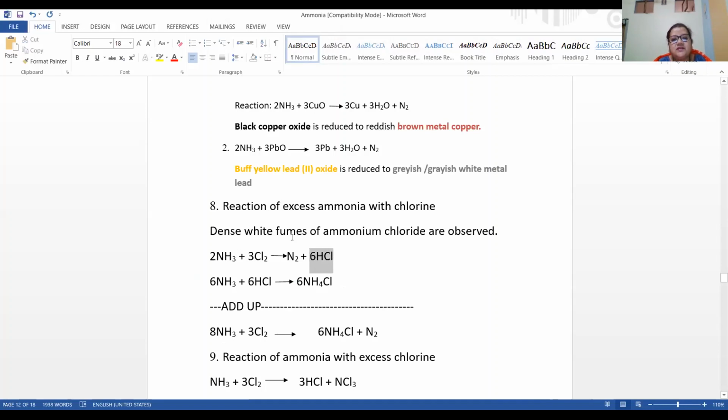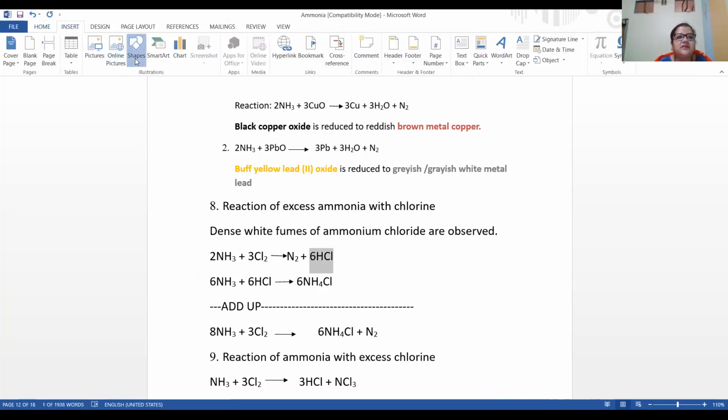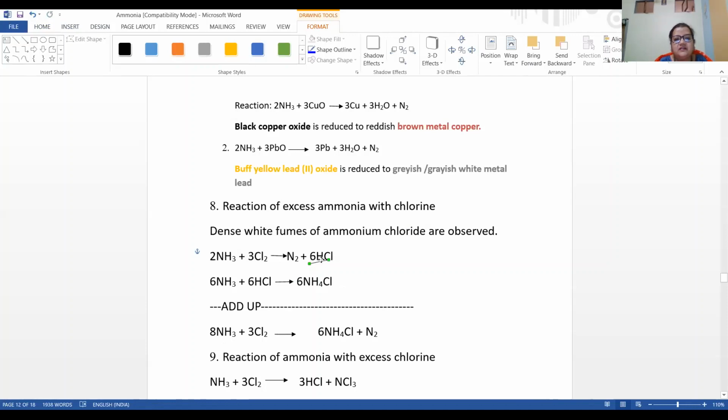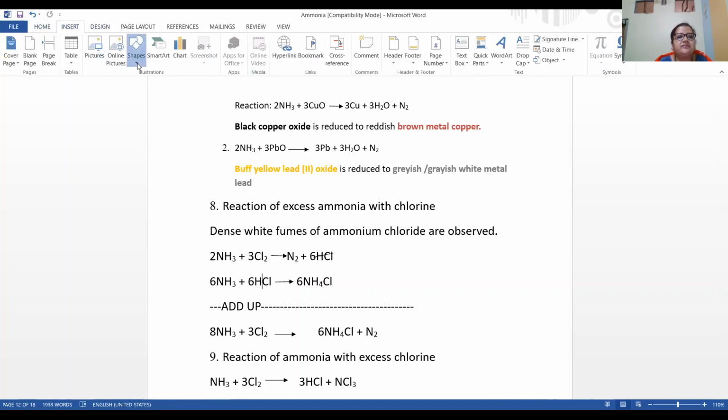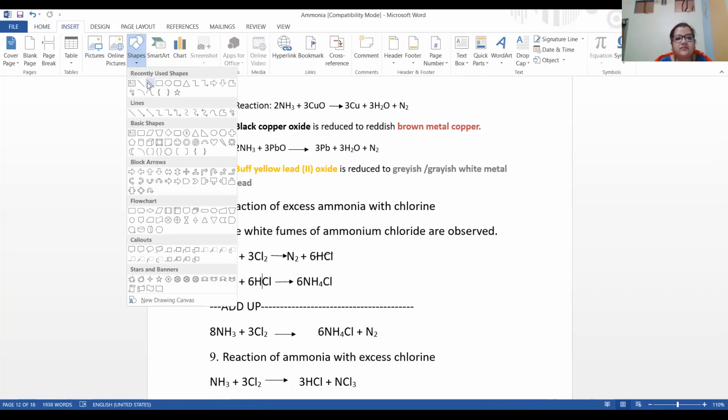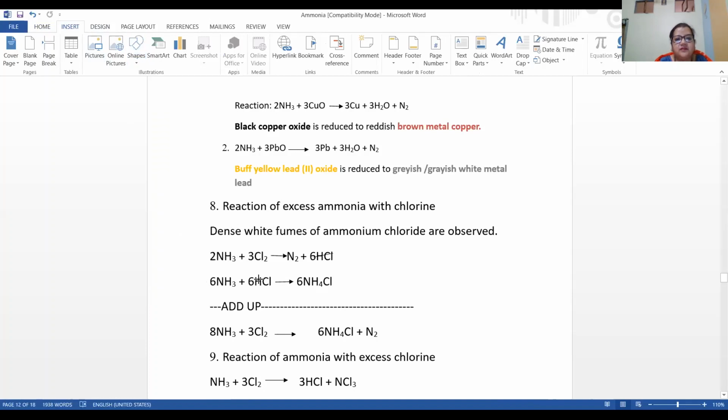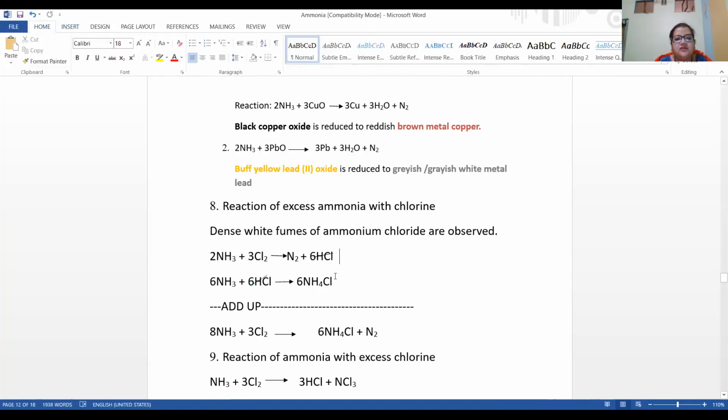This gets cancelled. This also gets cancelled. These both are going to get cancelled over here, right? And you are going to get 3 Cl2, nitrogen, and 6 ammonia. This is how the whole reaction is going to come to an end.